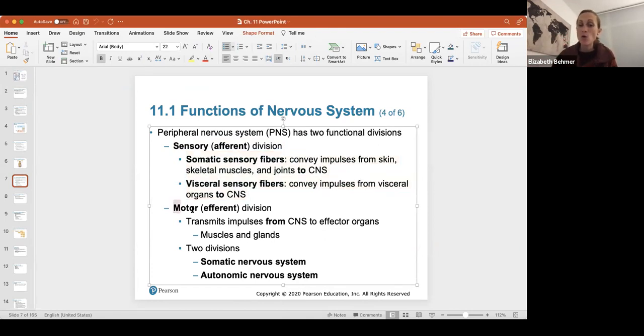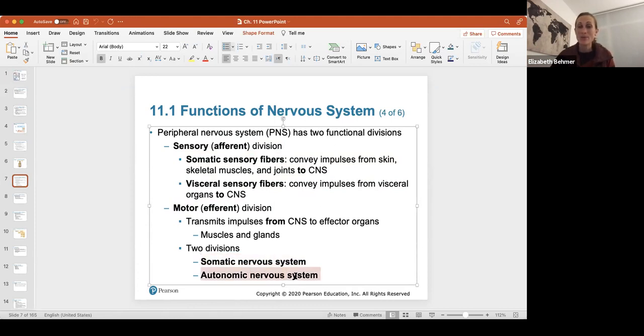And then the motor or efferent division is the response of the central nervous system out to an organ, a gland, or a muscle. We divide your motor division into the somatic nervous system, which usually goes to skin, joints, and skeletal muscles, and the autonomic nervous system.